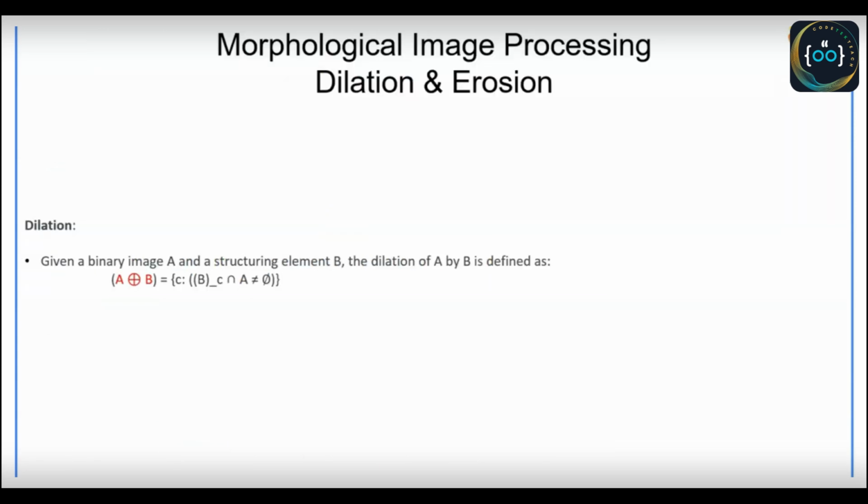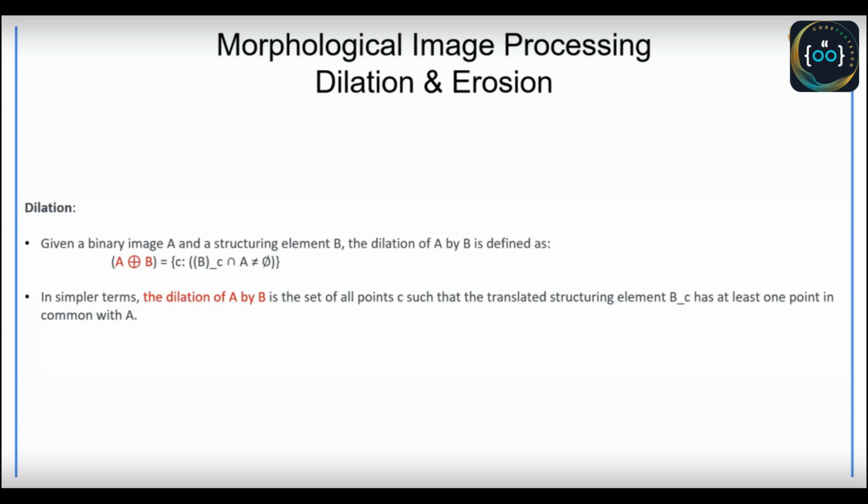Having seen the code, let us try and understand the mathematics behind dilation and erosion. Given a binary image A and a structuring element B, the dilation of A by B can be defined with the help of this equation. So what is this equation?